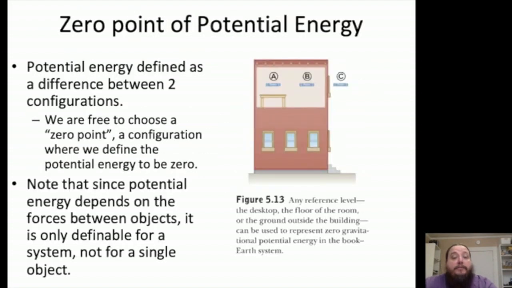Now, because we haven't defined the 0 point of potential energy, because we've defined potential energy as the difference between 2 points, then we're always free to decide where the 0 point for our potential energy system is.